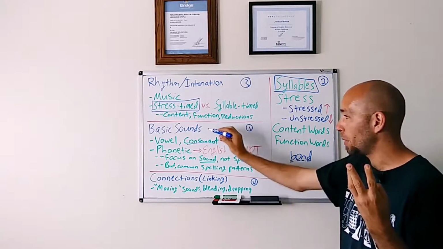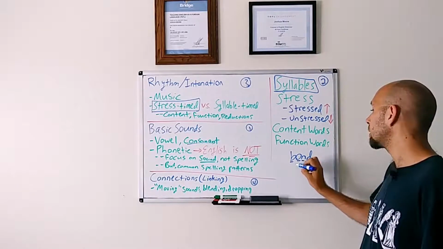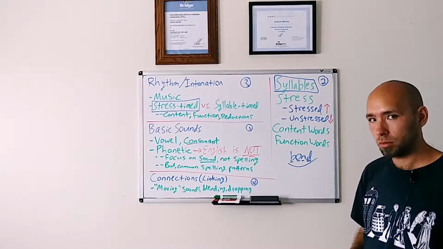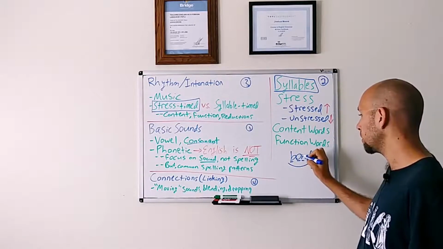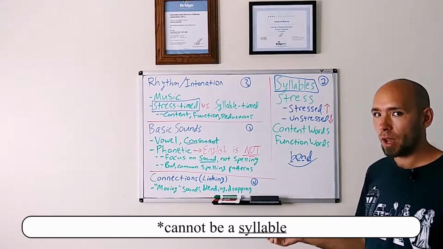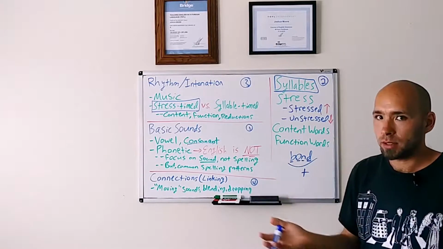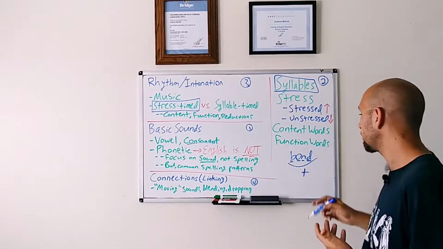So it's 4 basic sounds, individual sound units, but this is all one syllable because we have the one vowel, and a consonant by itself cannot be a vowel, at least in English. So if you just have a t, it's a sound, it's not a syllable.